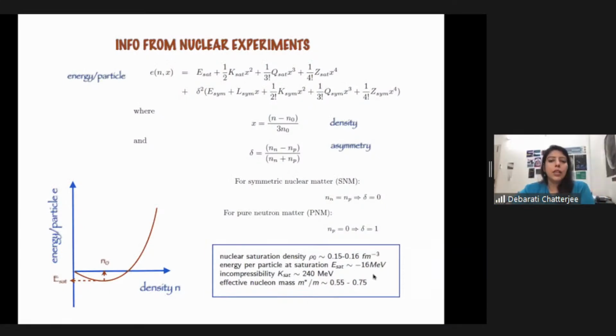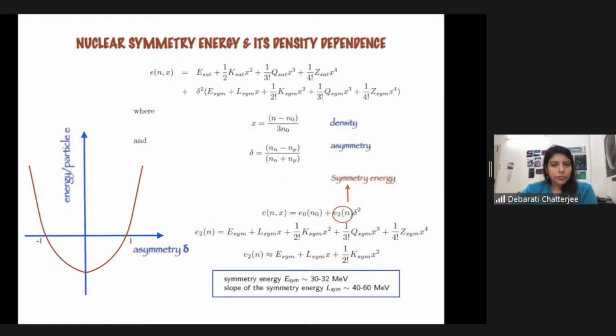So you see that there are typical values that are measured for these coefficients. And the energy per particle, if you plot it as a function of density, you see that n0, the saturation density, is the value where you have the minimum of the energy per particle. And it corresponds to this value of minus 16 MeV for the case of nuclear matter.